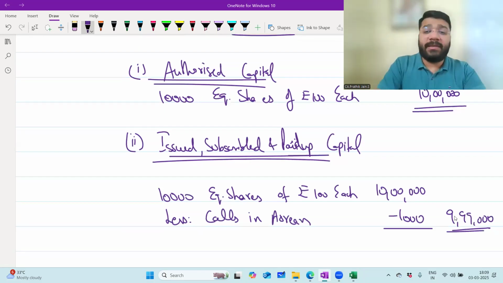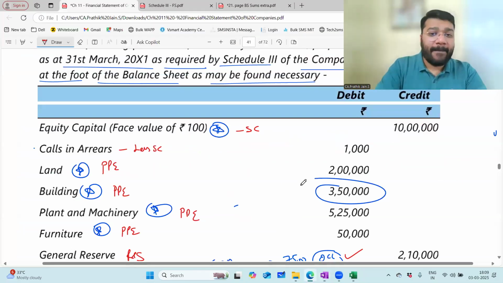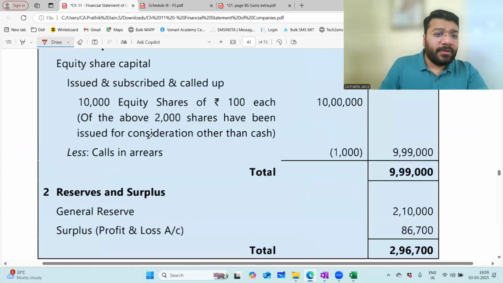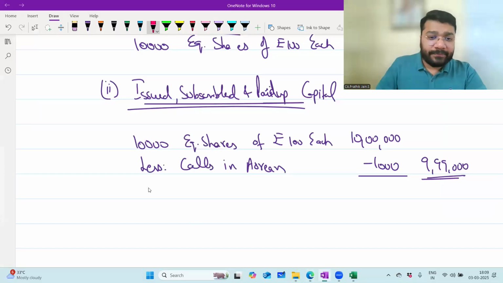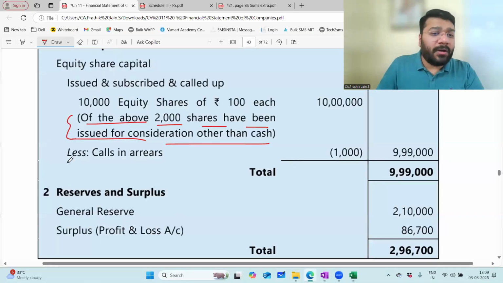But there's one important thing that has to be disclosed. 2,000 equity shares were issued for consideration other than cash. Just copy paste like that. Look here: out of the above, 2,000 shares have been issued for consideration other than cash. Like this, you have to give it in brackets. Should I write it here or after calls in arrear?